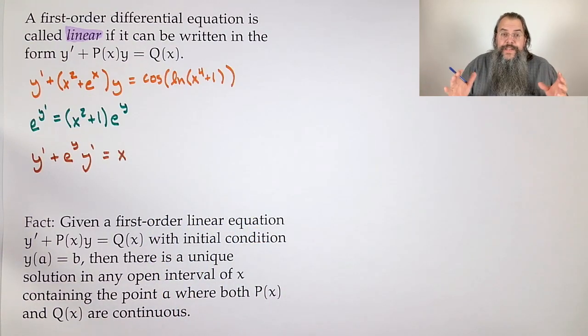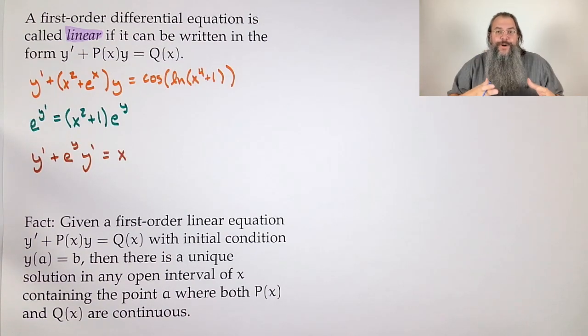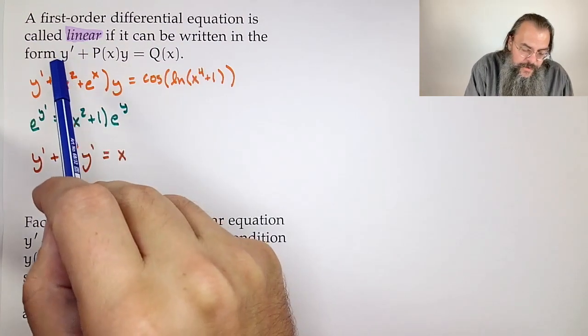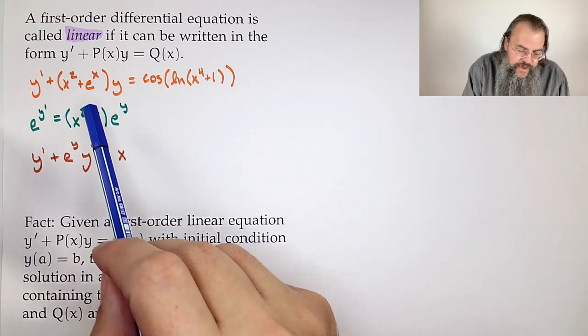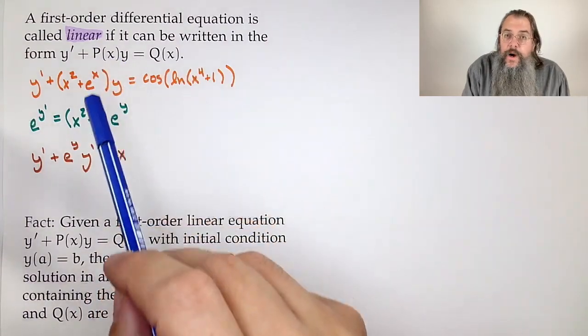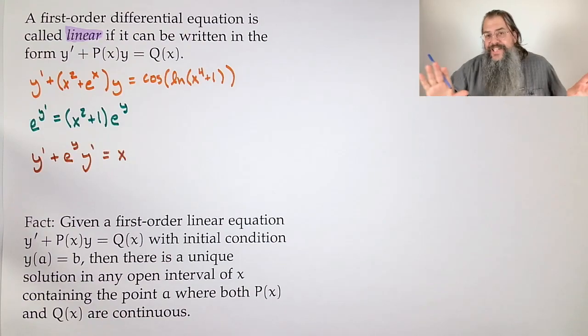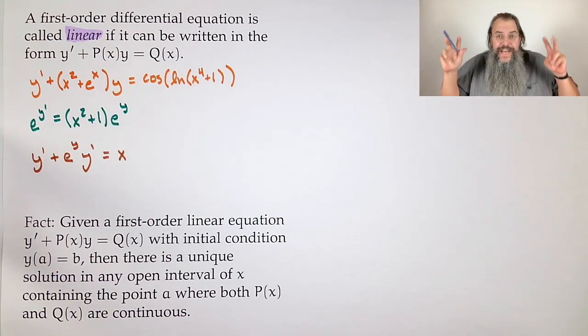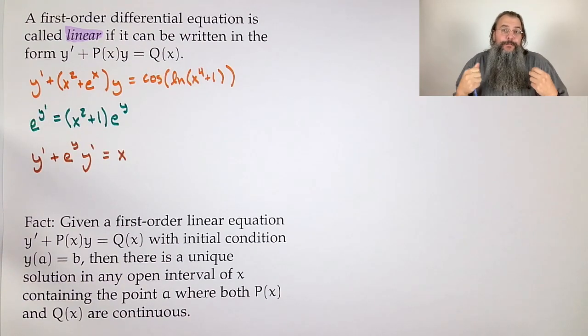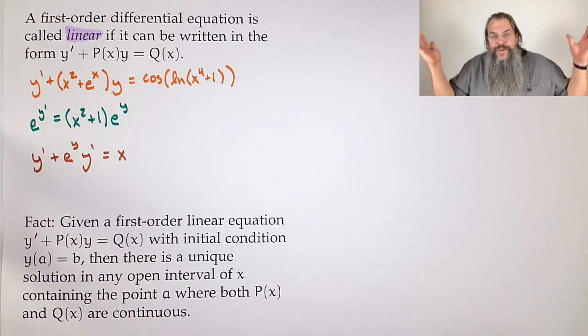Okay, great. Is it linear? Well, the key is to say, look, linear has a very specific form, right? It's this y prime and then plus p of x times y, and p of x can be any function of x you want. It doesn't have to be a nice function, any function at all. So it can be crazy.